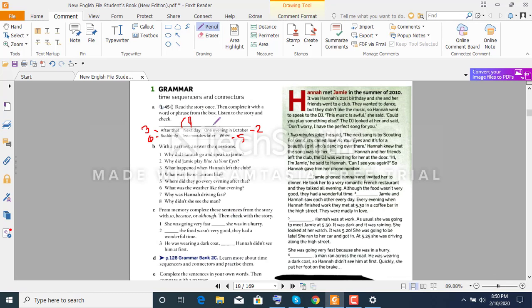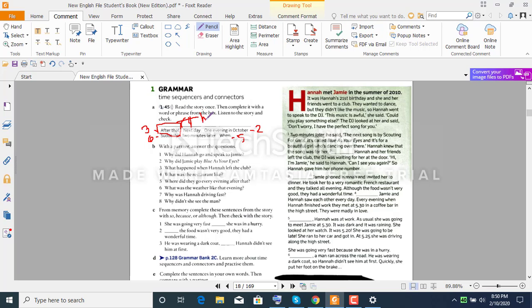So do you know when to use these time sequencers? After that, next day, suddenly, 2 minutes later, and when? Okay, so when do we use after that? When you are doing something and then it's next, okay?